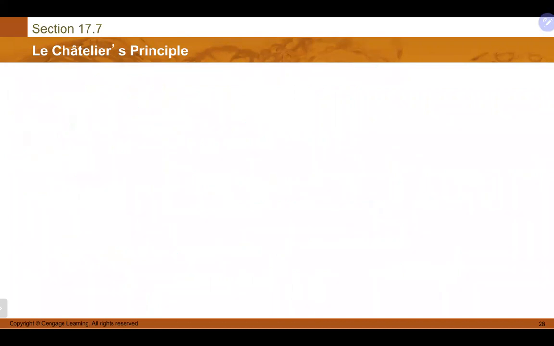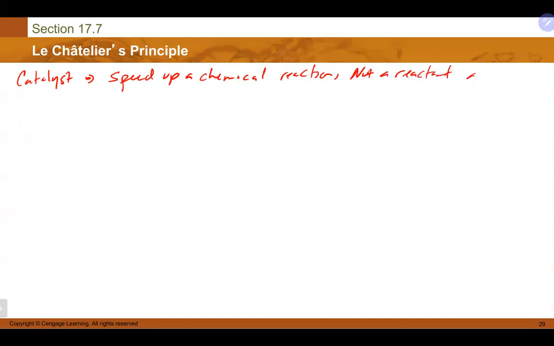The last thing is if we add something like a catalyst, and as we talked about earlier, a catalyst, again, is typically there to speed up a chemical reaction. Again, it is not a reactant, and it is not a product, and it does not get used up in the reaction.